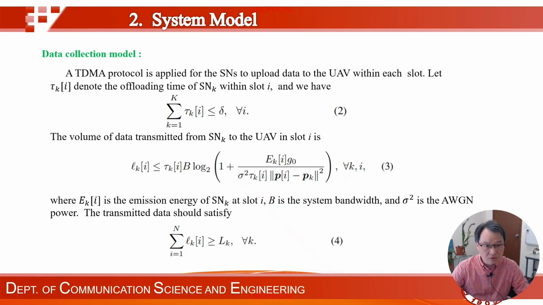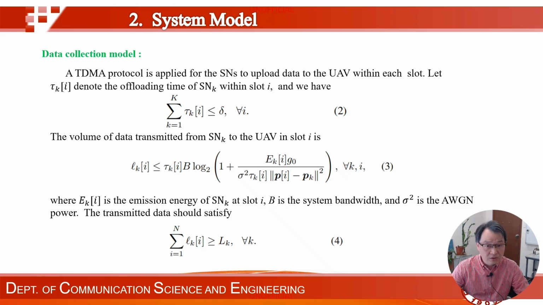We let tau_k represent the offloading time allocated to sensor node k in slot i, and the total allocated time across all nodes in a slot cannot exceed the slot duration or length delta, as shown in inequality 2. The amount of data transmitted from one sensor node to the UAV in each time slot is given by inequality 3. Basically, this inequality depends on several factors.